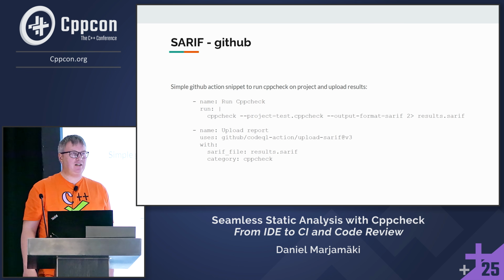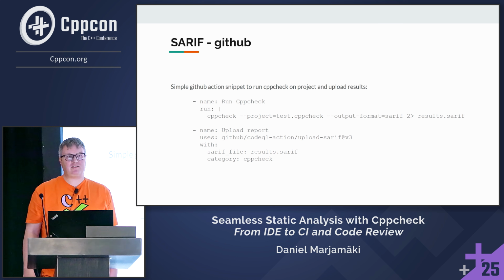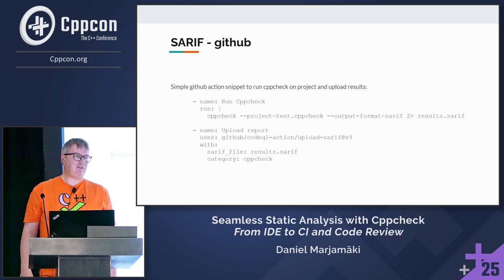I will quickly show how you use SARIF with GitHub. This is a small, simple YAML snippet that runs cppcheck on a project and uploads SARIF results. The first step is to run cppcheck, and I just add output format equals SARIF. That generates SARIF output.